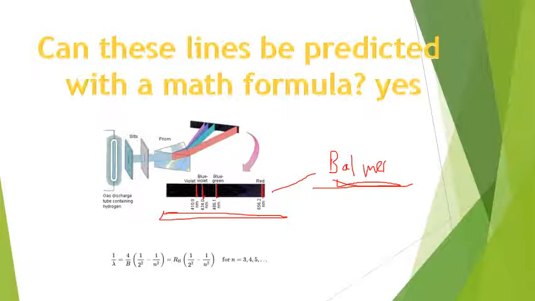If you knew where one of the bands were, maybe like this guy right here, and we'll call that guy 2, we could figure out the other bands. So let's say this band is 2, this one's 3. Then we could figure out the wavelength for each band. So this is band number 3. I could figure out its wavelength using this formula.